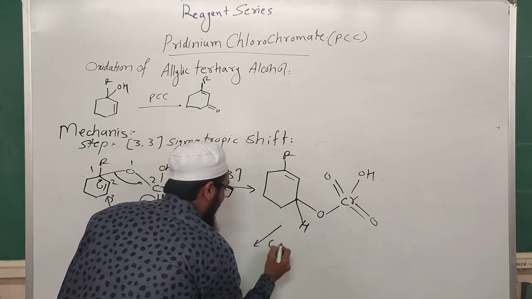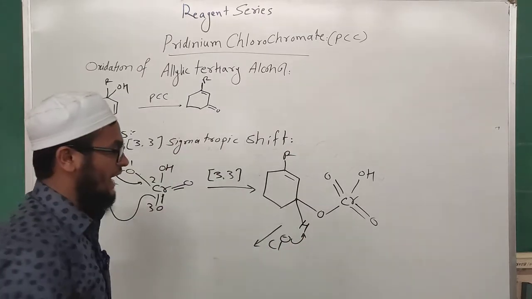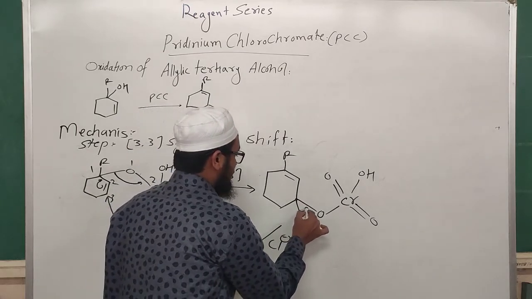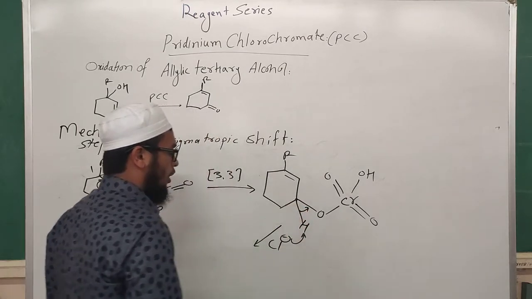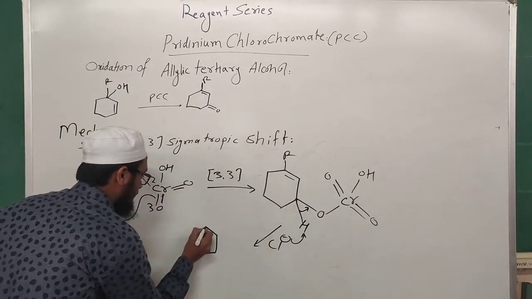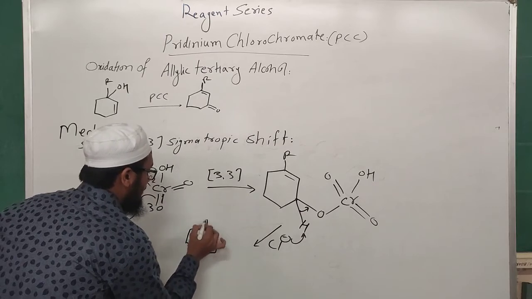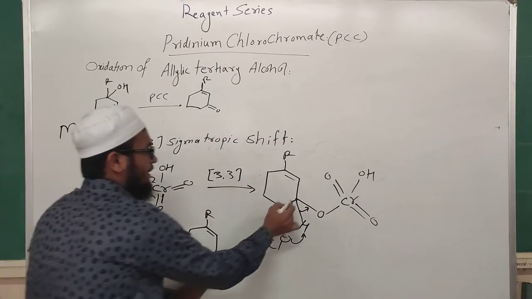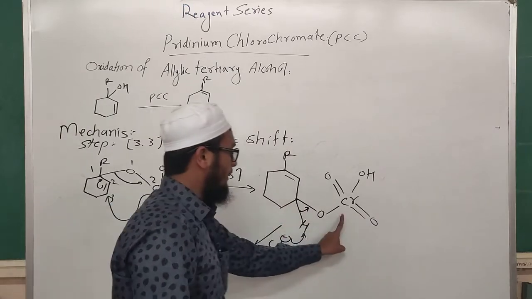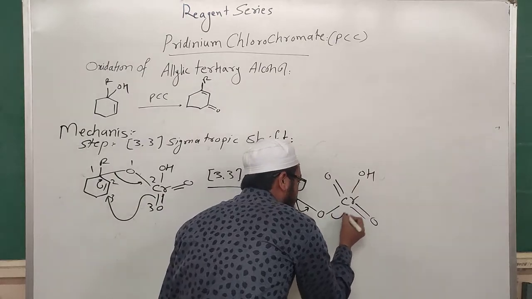This chloride ion will abstract this hydrogen, and the electrons of this carbon hydrogen bond will turn towards the carbon oxygen double bond. This is my structure. Now look at here, this carbon oxygen double bond. Now what about this? This oxygen chromium bond electron will shift towards chromium.